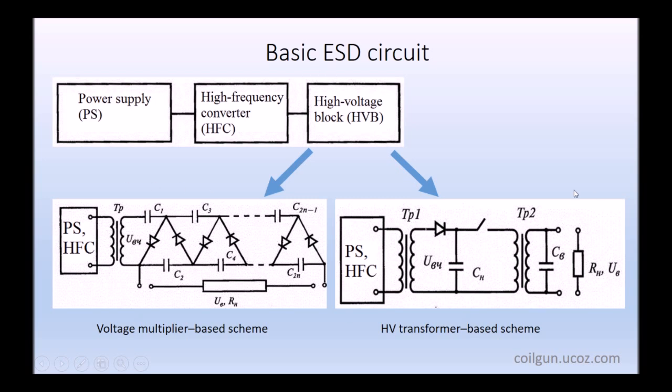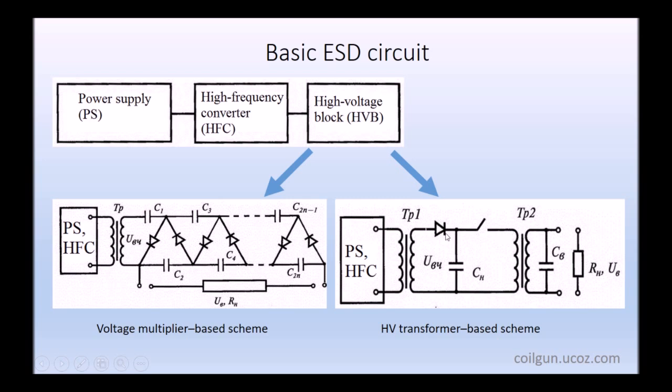And the main theme of discussions, the main theme of patents in shockers, is this high voltage block, how it is arranged. And this is made in two basic circuits. One of them is multiplier based, where a voltage multiplier is utilized as a booster, and another one is transformer based.